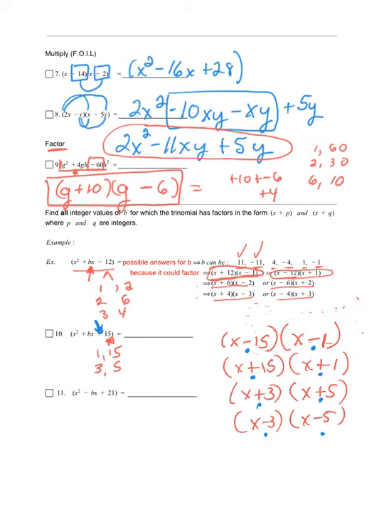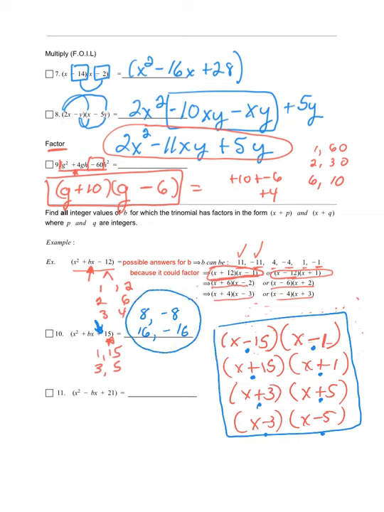So when I FOIL these out, my choices are 8, positive 8, negative 8, positive 16, and negative 16. When I perform fast FOIL on all these, these are the possible solutions that I could get for B. And again, we are only requiring, well, it does say all, but 1 or 2 is good for me.